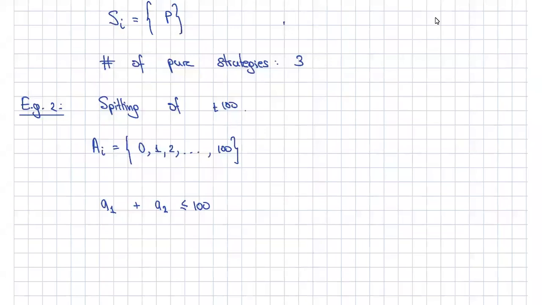So if the sum is less than 100, player 1 will get what they asked for, and player 2 will also get what they asked for. What happens if A1 plus A2 is strictly greater than 100? They will both get 0 because they were quite greedy.